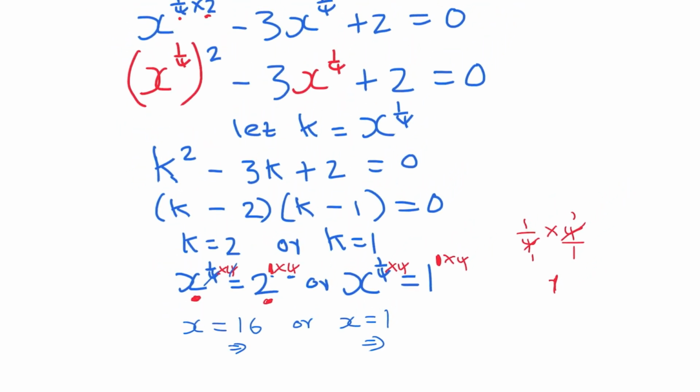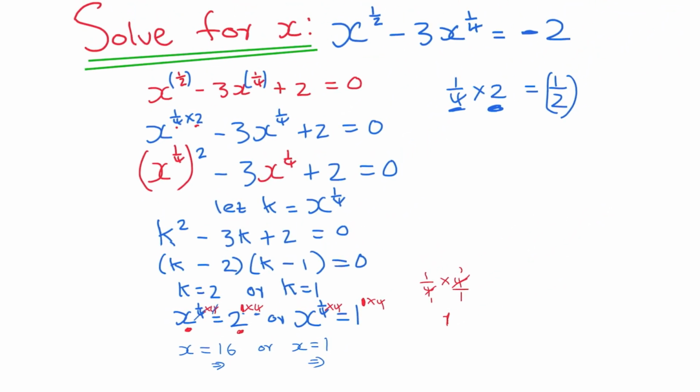If you want to test if this really is the case, you can substitute this 16 here on x, in the question, on x at the top there, and check if your answer will yield -2. And then you can also substitute this 1 here on x again and check if the answer will be -2. And come on, guys, this is easy, right?